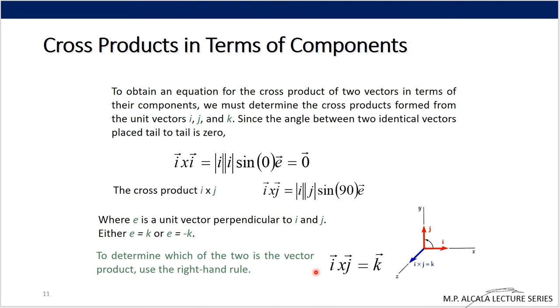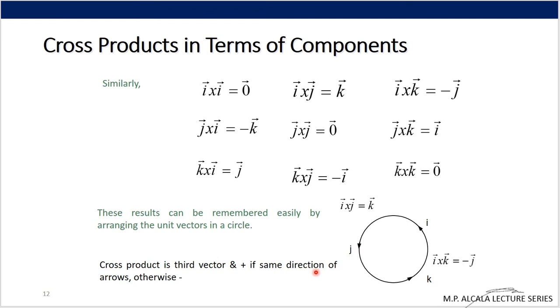Next, the cross product in terms of components. In this case, we are now dealing with the unit vectors i, j, and k. So simply, i cross j is k hat. In order for you to memorize this, there is a schematic, this is your diagram.